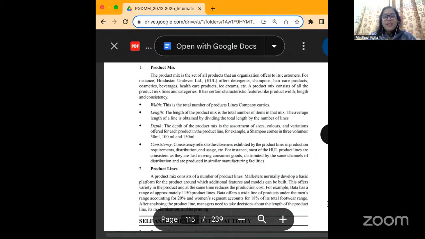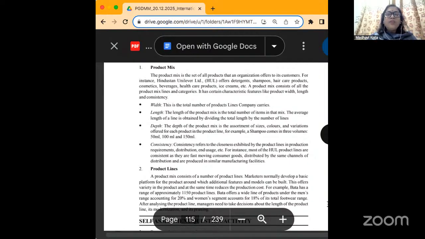So what is the length? The length is literally the length. When we are talking about width, we are going this way across each product line. When we are talking about length, we are talking across one product line. So the length of the product mix is the total number of items in that mix.